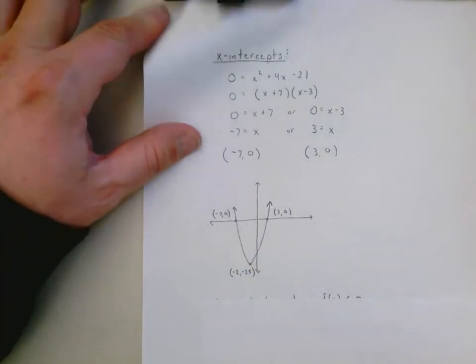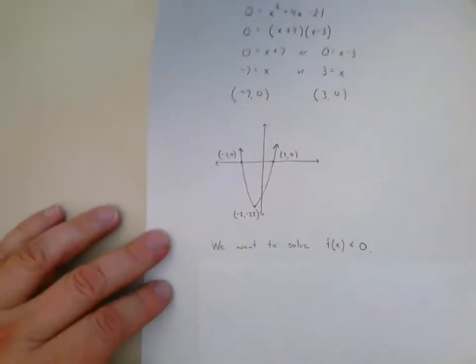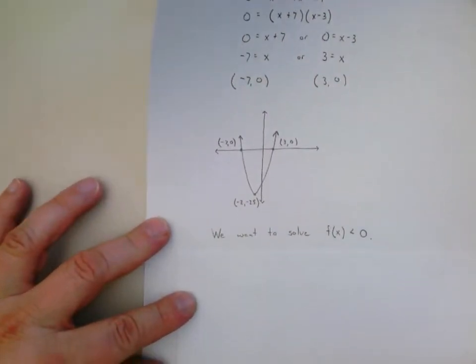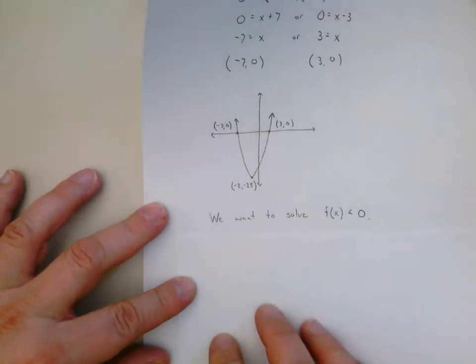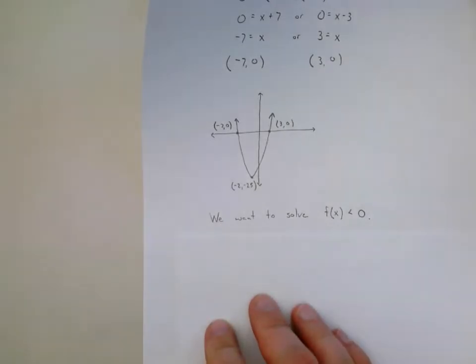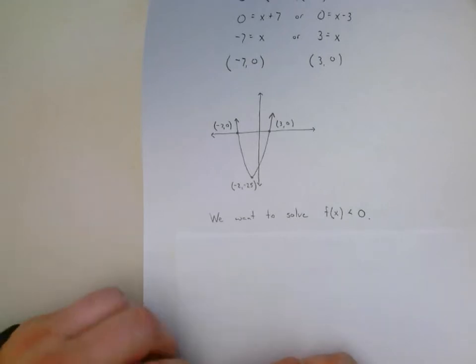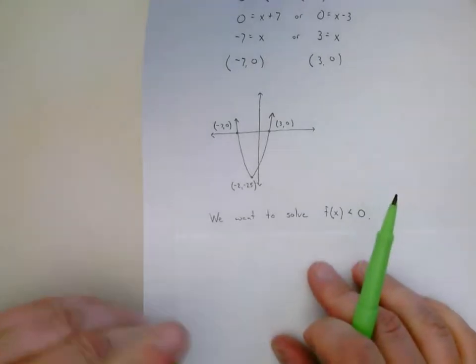So remember, the reason we started to explore this graph is we want to solve for the function being less than 0. Our function was the quadratic expression x squared plus 4x minus 21. So what does it mean for a function to be less than 0? For a function to be less than 0, it means all the outputs to the function lie beneath the origin on our graph.